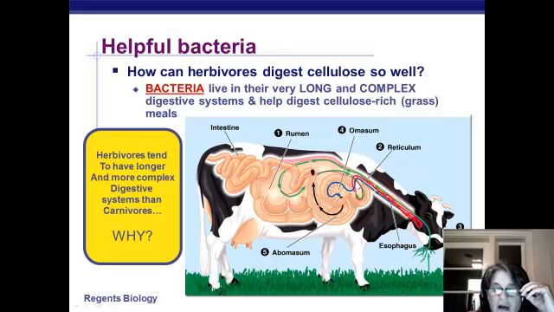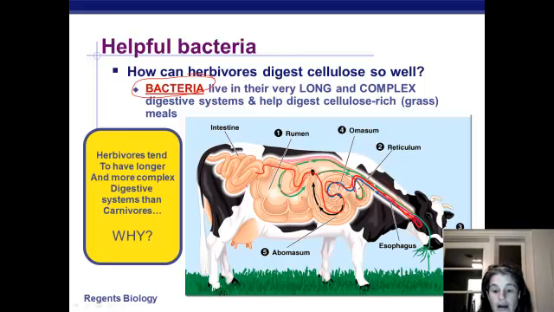We're going to chew it one more time, and then we're going to send it into this chamber, and then through here, and then into the intestines. Would you please look at the length of that digestive tract and the fact that the poor animal has to chew it twice? But this animal is adapted to break down this very difficult to break down cellulose, and it's got bacteria living in its digestive tract that actually are going to break down that cellulose for it.